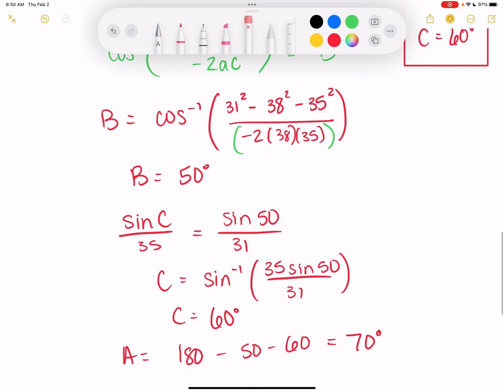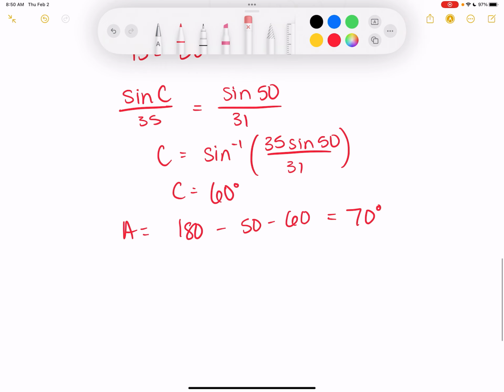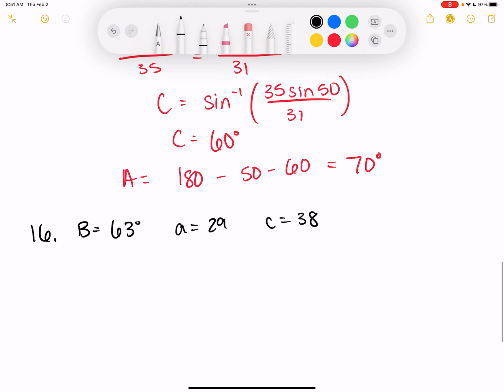Any questions about that one? All right. Let's see. Number 16. Angle B is 63 degrees. Side A is 29. Side C is 38. So again, they don't give me a triangle, but I'm going to set one up myself.